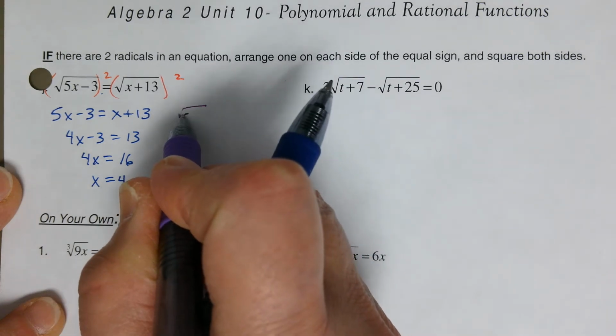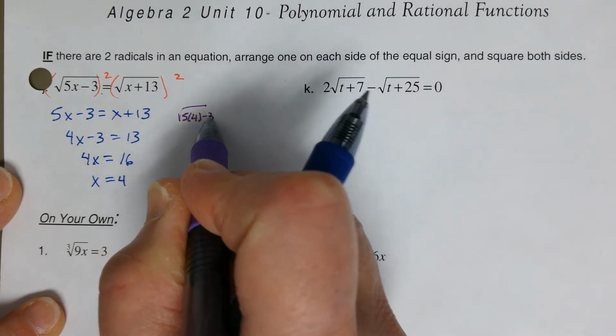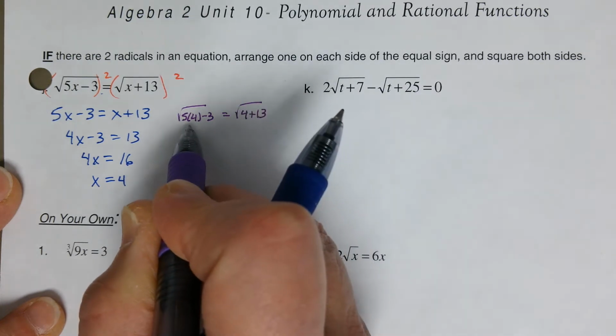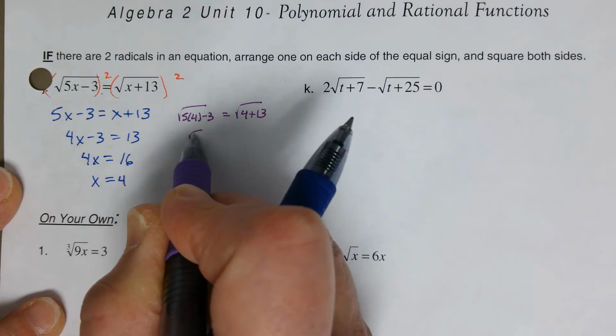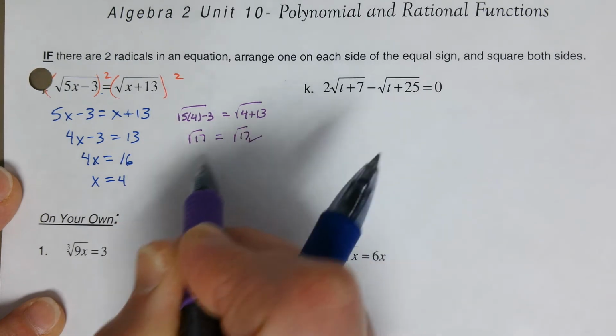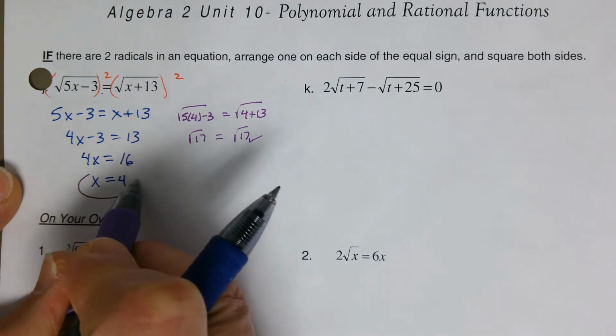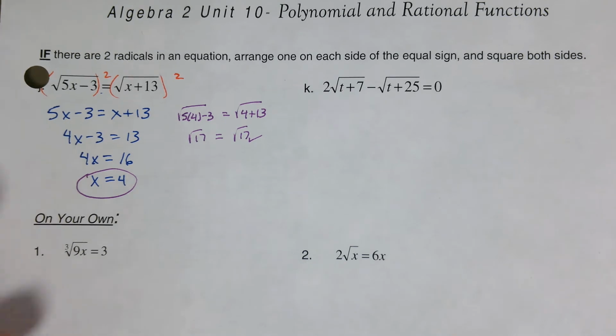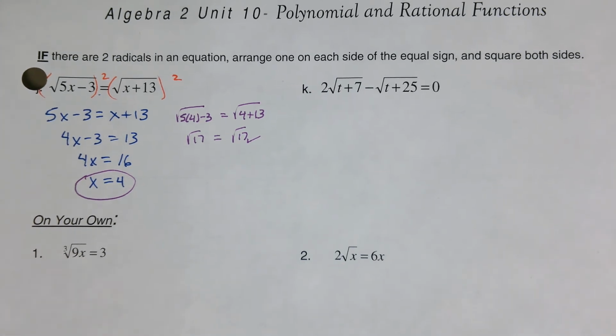Is the square root of 5 times 4 minus 3 equal to the square root of 4 plus 13? That's 20, subtract 3 is 17, and that's 17. Yes, checks. Okay.